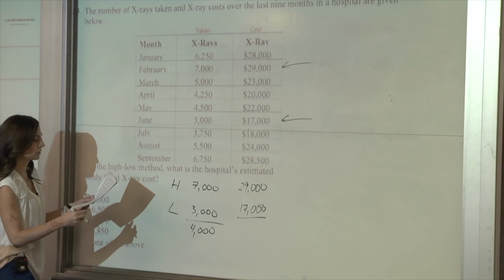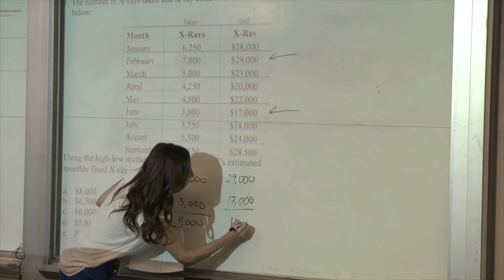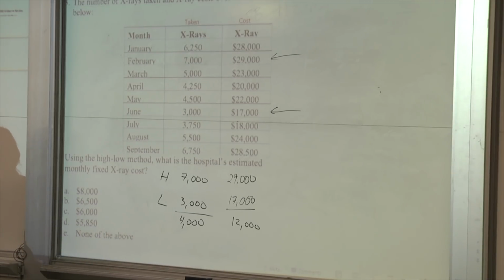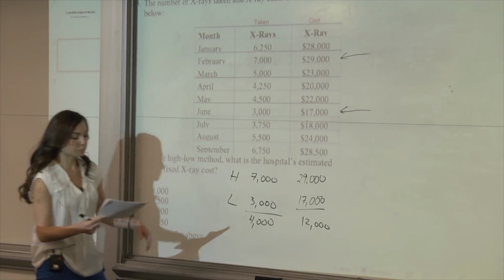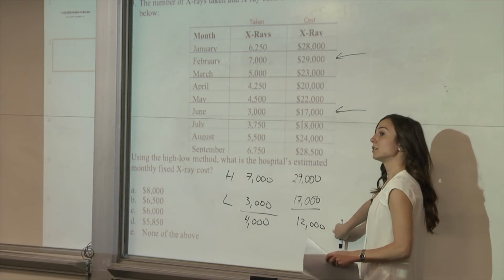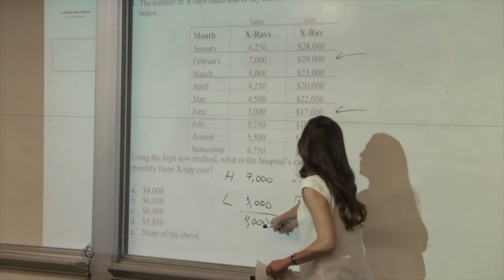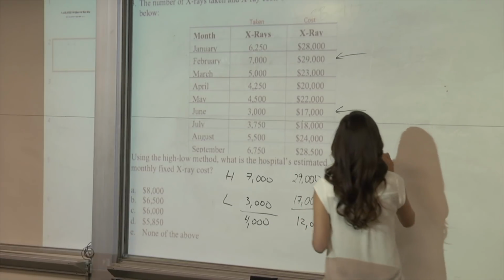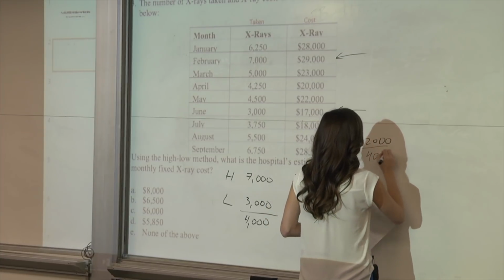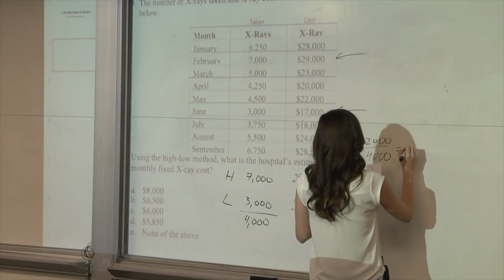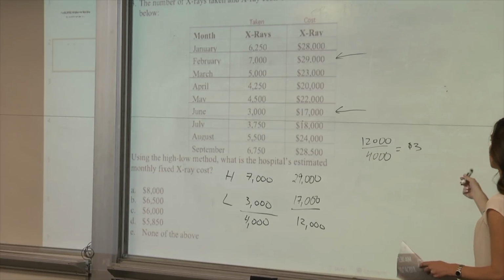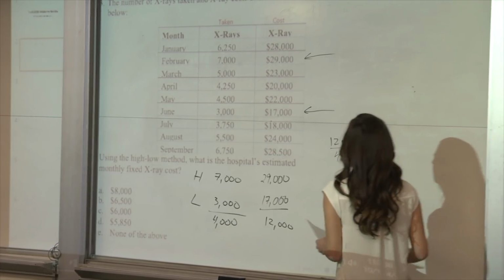And for the cost, we're going to get 12,000. Now we use these numbers to first estimate the variable cost per unit. So the way that we do that is just by simply taking the difference in the cost, so 12,000, over the difference in the activity. So the estimated variable cost per X-ray is going to be $3.